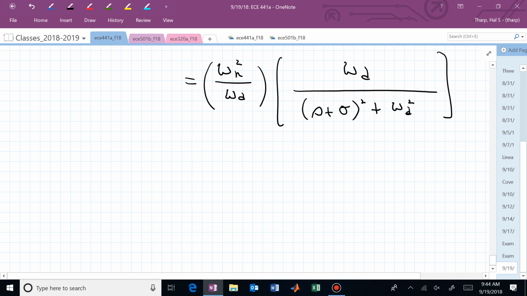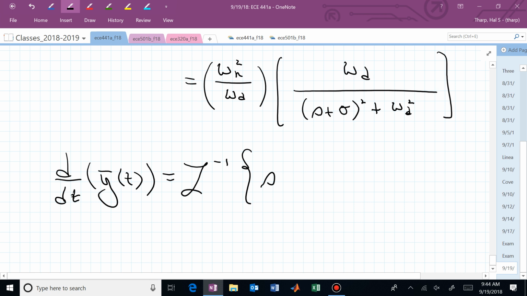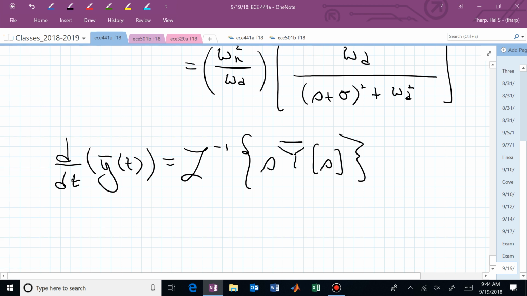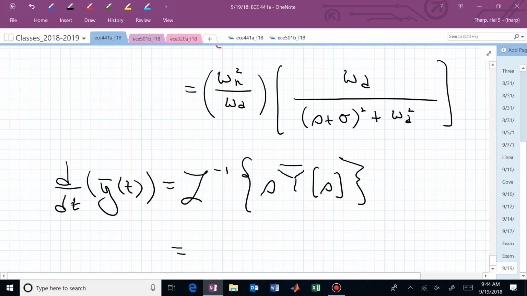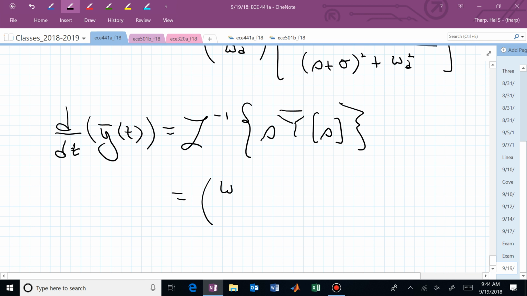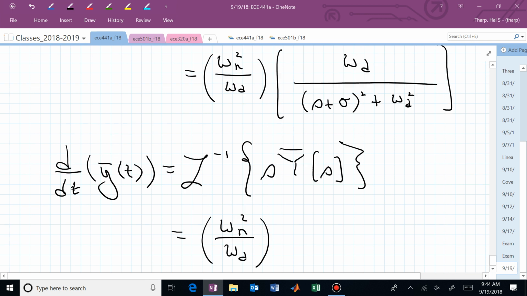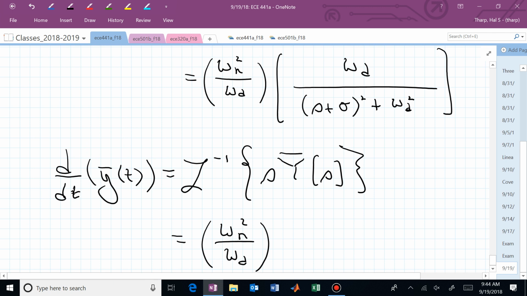So that now, if we want d by dt of y bar of t, that's now the inverse Laplace transform of s times capital Y bar of s, and we have that up above. That's now omega sub n squared over omega sub d times the exponentially damped sine wave.